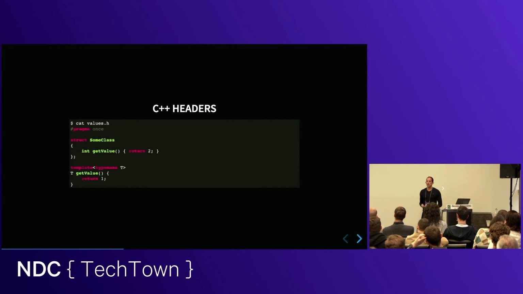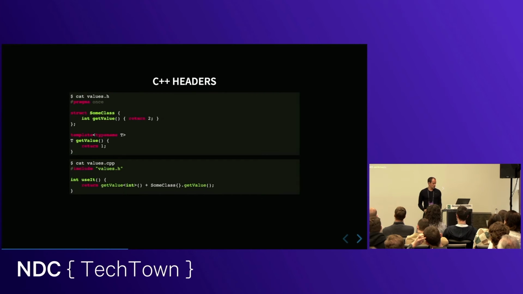So I have to put it up here, and then I get multiple definitions of getValue of int if I use that in many CPP files. So if in some CPP file I use getValue of int here, and then I create an object of some class and call this member function, now I get code and symbols generated in this file.